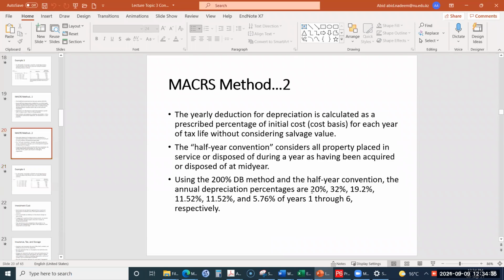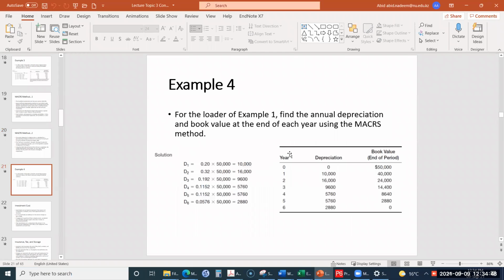Since I have already explained how these percentages are calculated, adding them all up comes to 100%, which means that in the MACRS method, salvage value does not play any role. So the book value has to be 0 at the end.